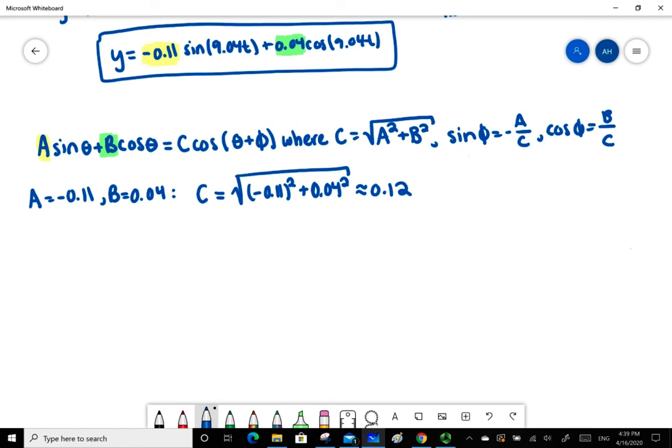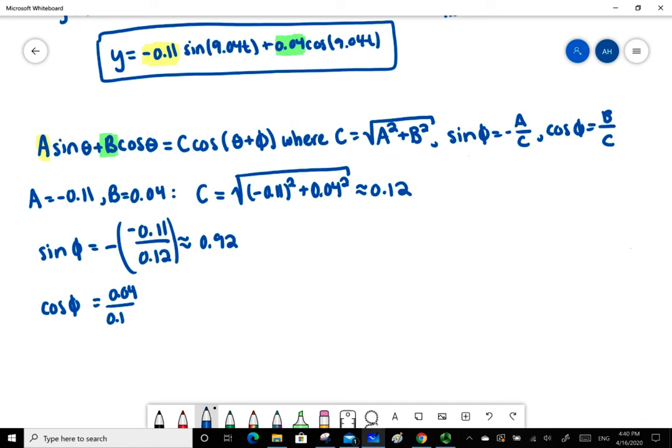Plugging in our values for a and b, we get that the sine of phi is -0.11 over 0.12, which is approximately 0.92, and cosine of phi equals 0.04 over 0.12, which is approximately 0.33. I'm being a bit sloppy with my rounding. What I should really be doing is keeping all the digits from my calculator at every step and waiting until the very end of the problem to round, but that ship has sailed.